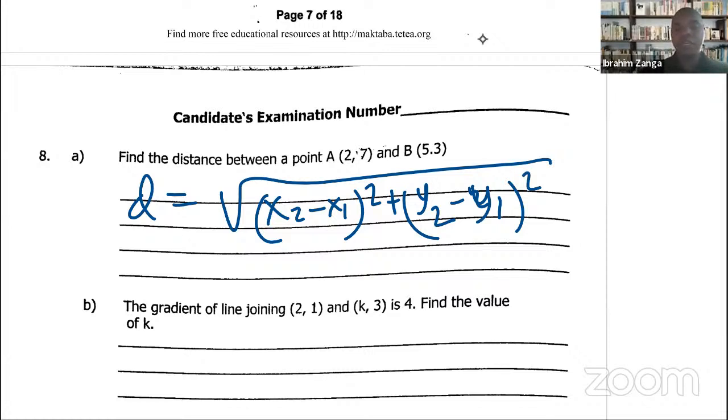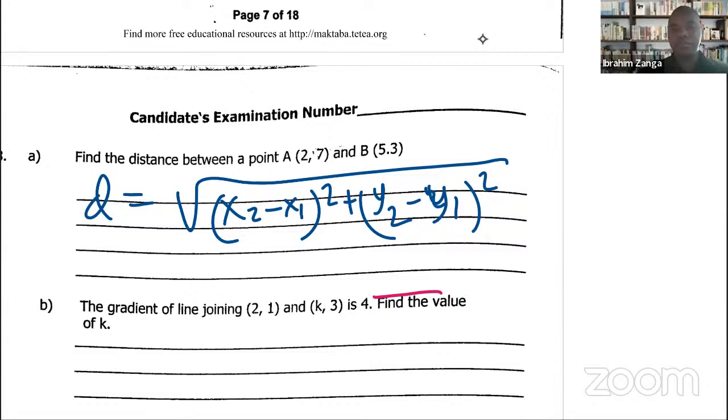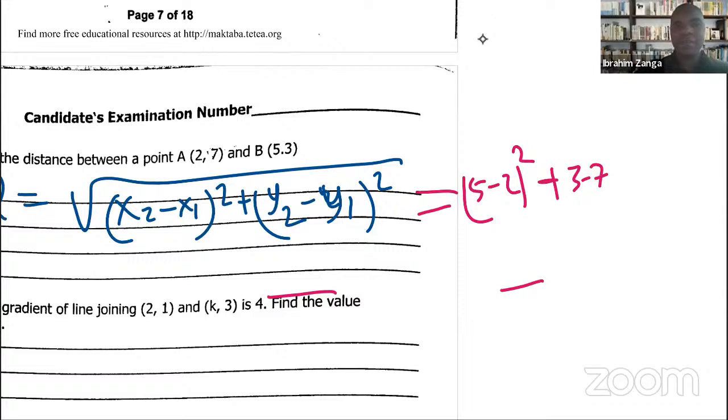So now you're going to plug the values. So you're going to say that this is equal to 5 minus 2 square plus 3 minus 7 square.